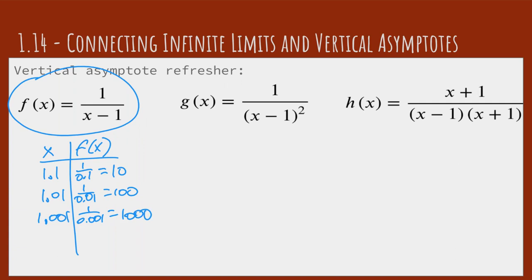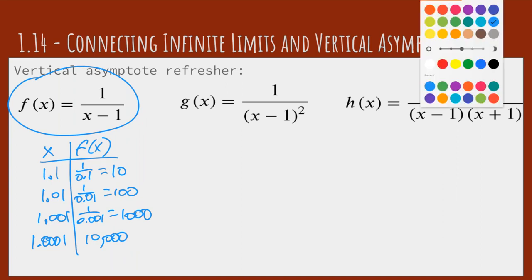You probably see a pattern happening here, so I'll do one more, 1.0001. So 1 and 1/10,000th is going to give us 10,000. And so what's happening here is I pick values closer and closer to x equals 1, and we're getting bigger and bigger and bigger numbers.